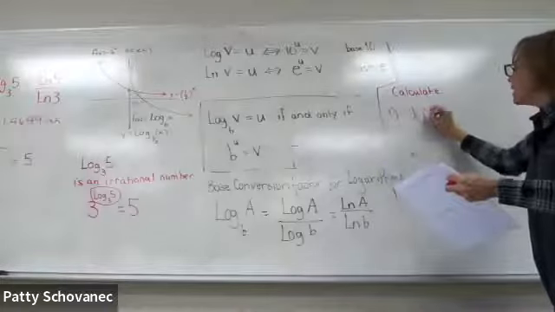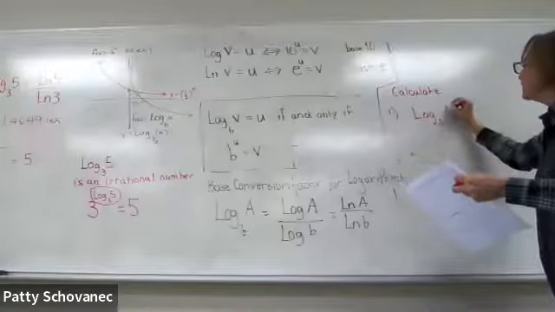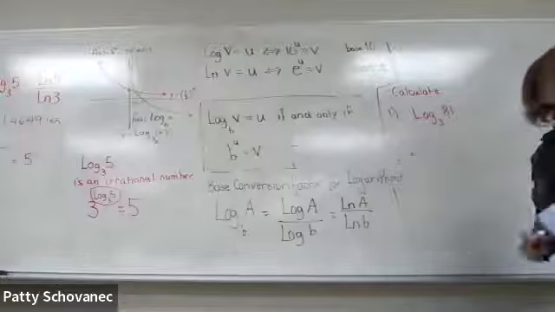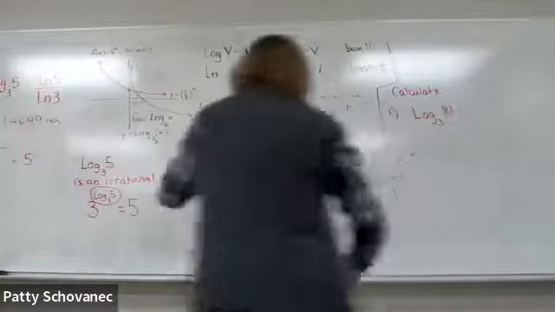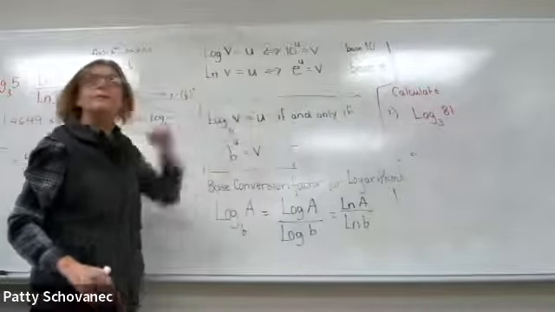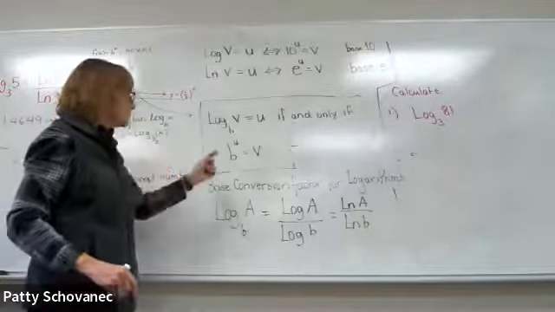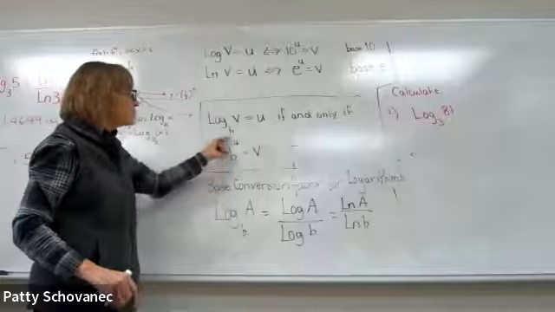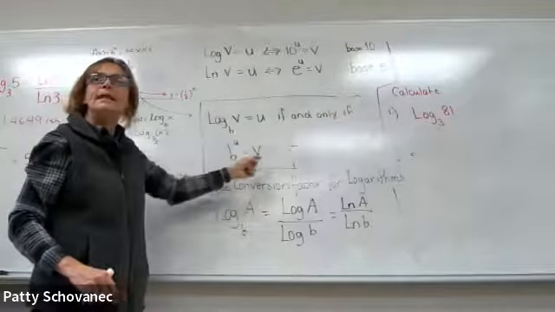So when you see log base 3 of 81, read it like this. The log base 3 of 81 is an exponent. You're asking yourself, 3 to what power is 81?